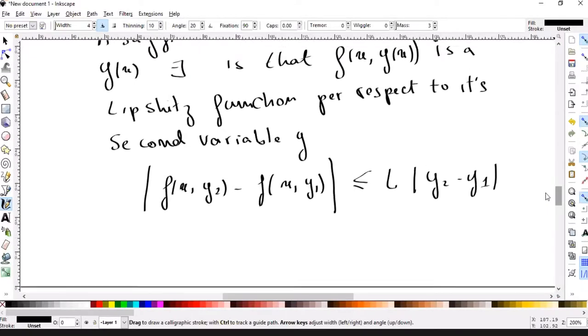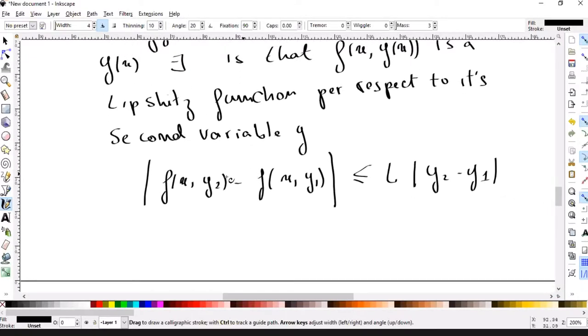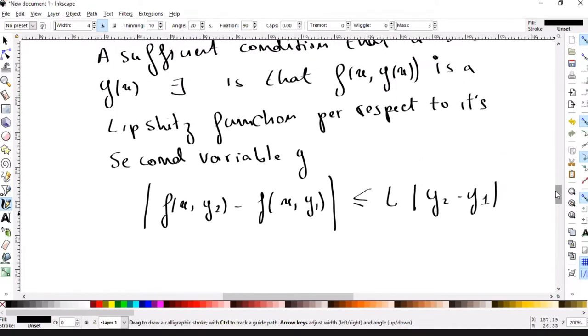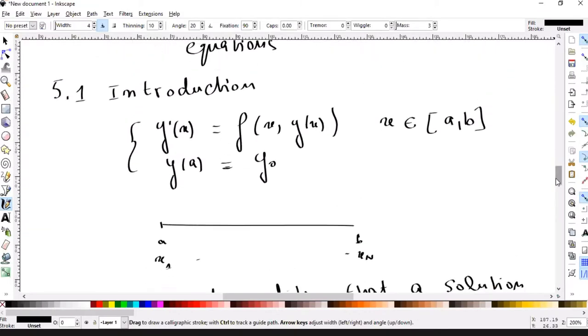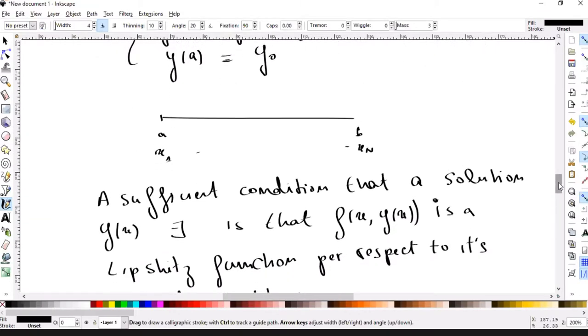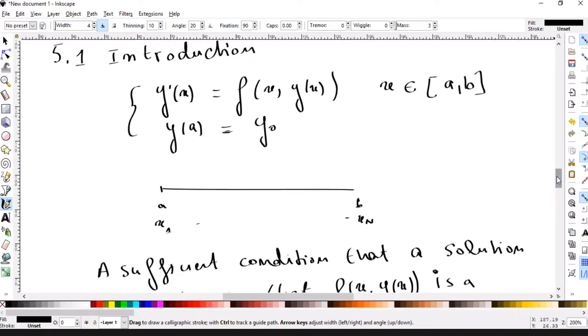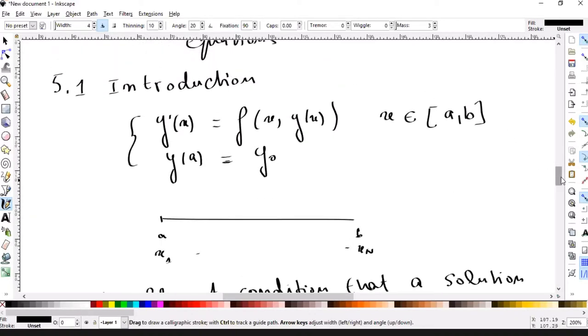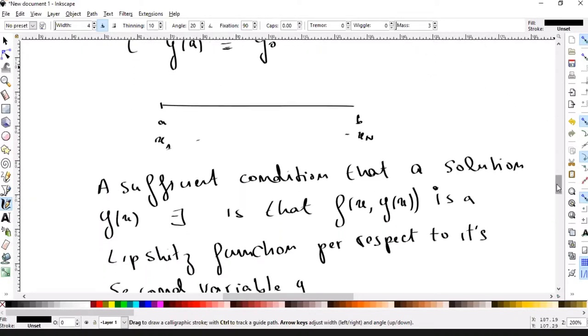Now, a second thing that we have to care about is that in general, as you will see, the numerical schemes that we will develop to solve this equation are iterative schemes.